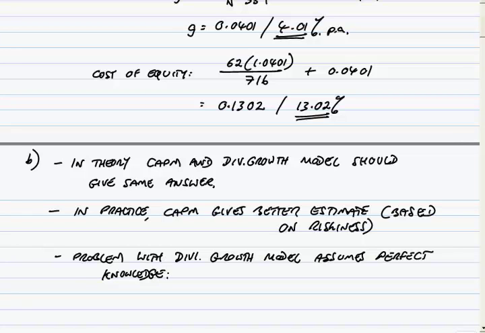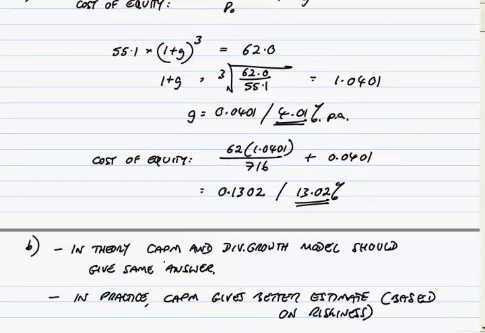You see, what I'm not going to write down is that in order to use the dividend growth model, we know what the current dividend is, that's a fact. We know what the current market value is, that's a fact. But we need to estimate the growth rate that they're expecting. We've assumed in part A that they're expecting 4% because it was 4% in the past.